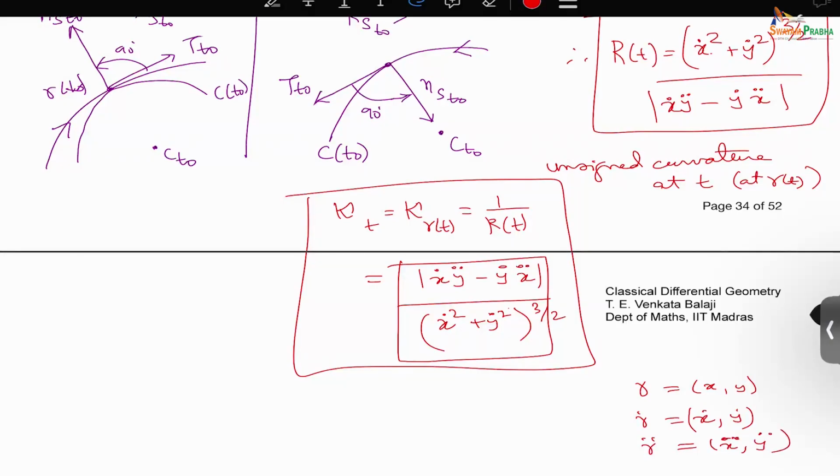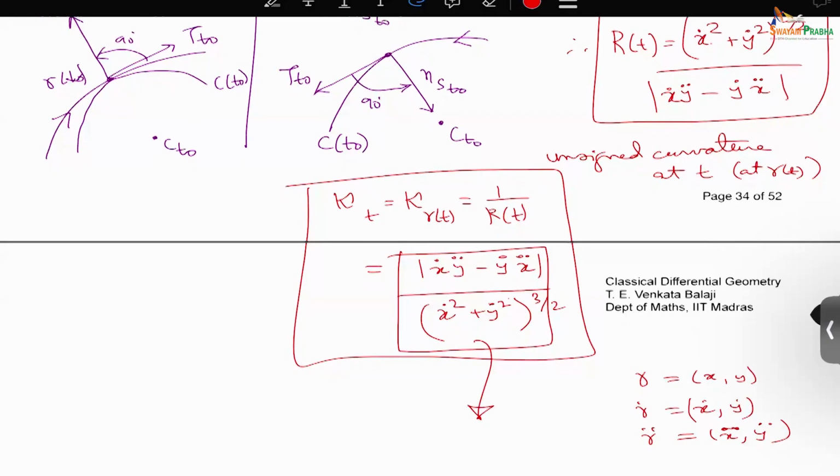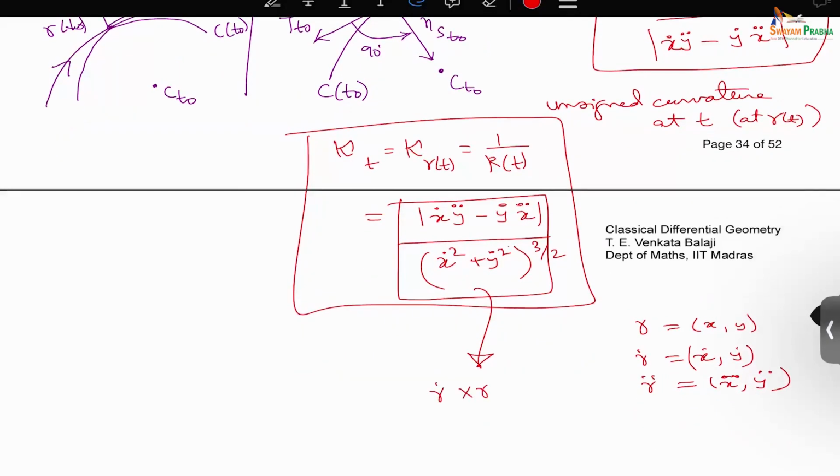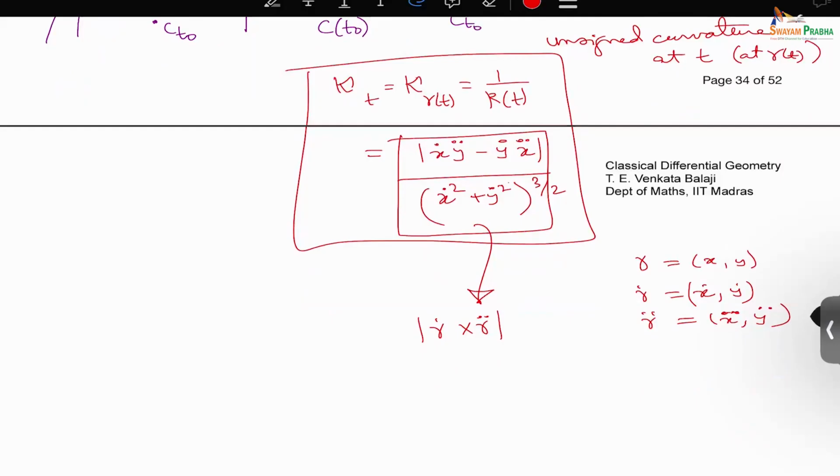You can see that the quantity in the numerator is the modulus of the cross product, gamma dot cross gamma double dot, and the denominator is norm gamma dot cubed.